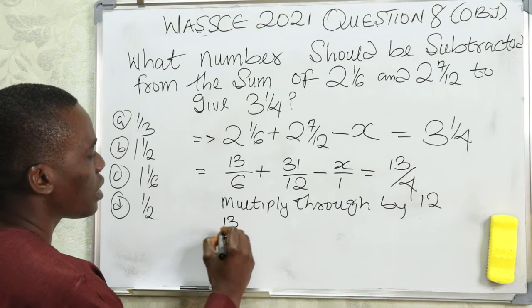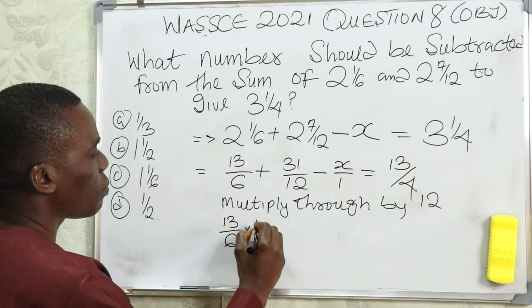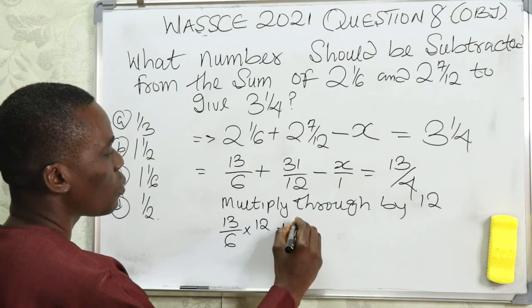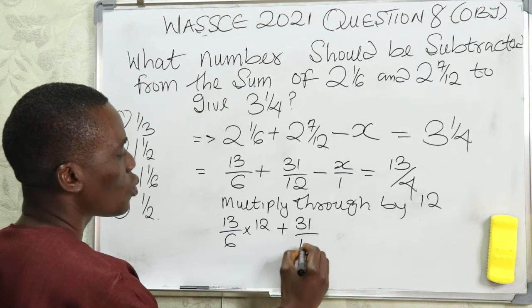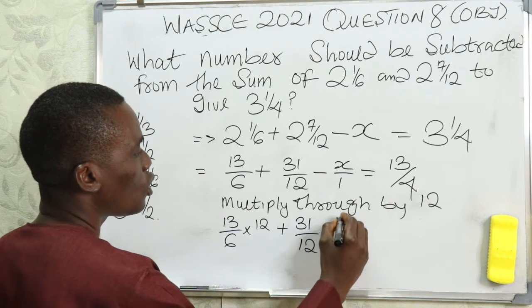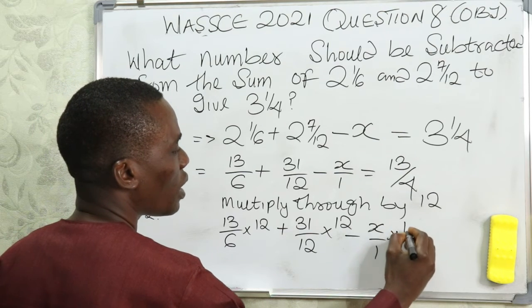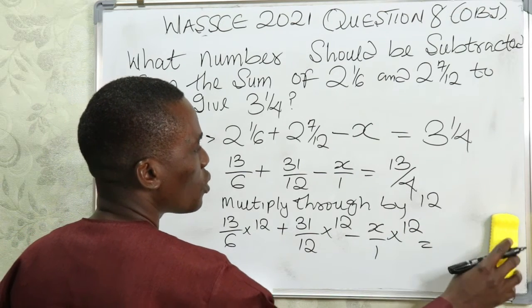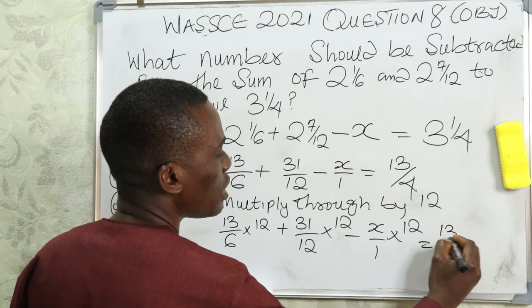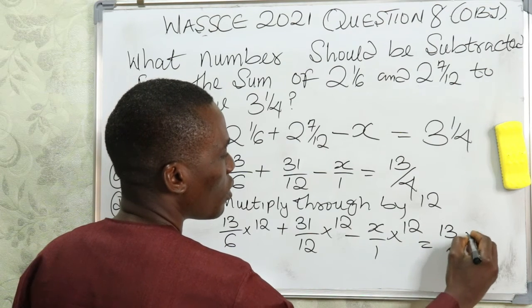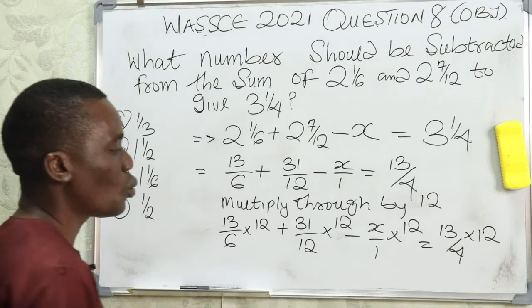And see what will happen after that. We'll have our 13 over 6 multiplied by 12 plus 31 over 12 multiplied by 12 minus x over 1 multiplied by 12 equal to 13 over 4 multiplied by 12.